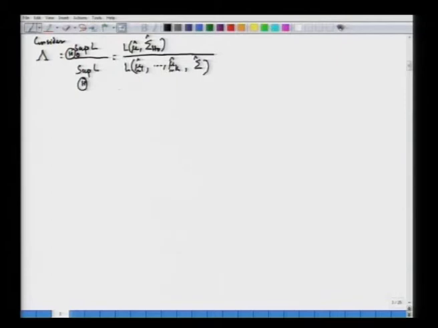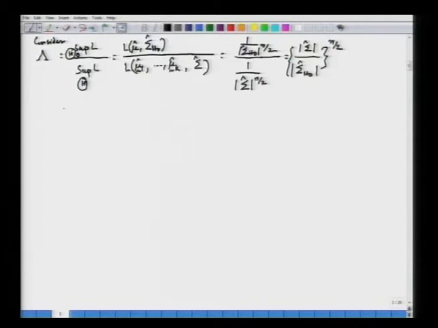Now, if we do so, we can easily see that the whole thing simplifies to just the factor involving the sigma hat matrices. We simply get 1 by determinant of sigma hat under H naught raised to the power n by 2, and similarly 1 by determinant of sigma hat also raised to the power n by 2. So, lambda is the ratio of the determinants, raised to the power n by 2.